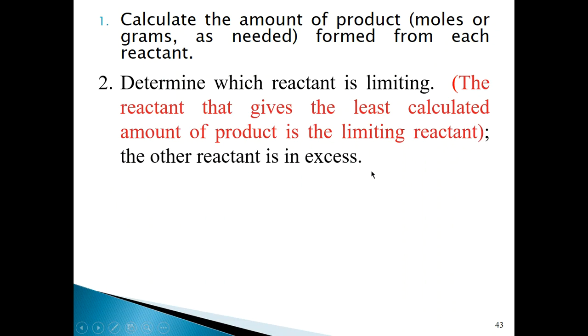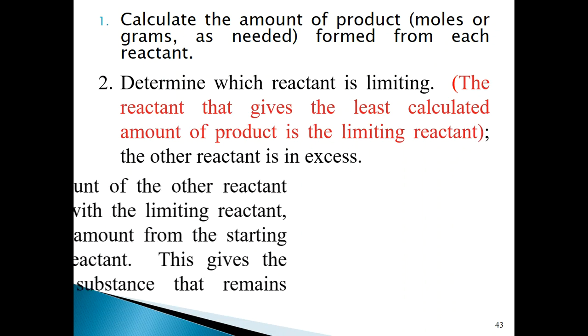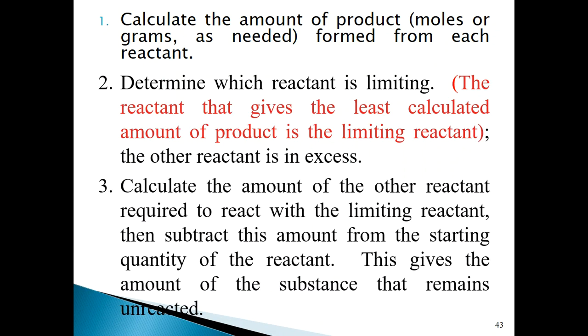So when you do your calculations, starting from the given amount of each reactant, you calculate how much product you expect to get in each case. The one that produces the lower amount of product would be the limiting reactant. And then you may be asked to determine the amount of the other reactant that would remain, the excess reactant.